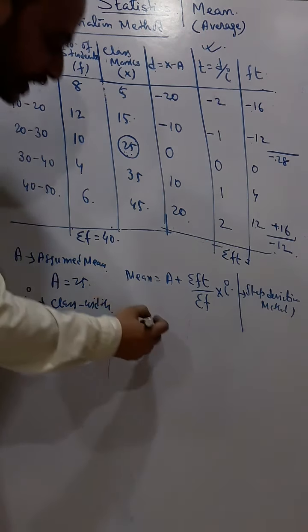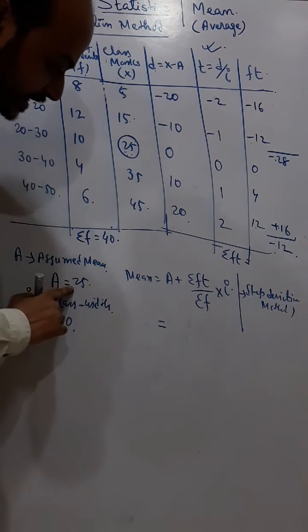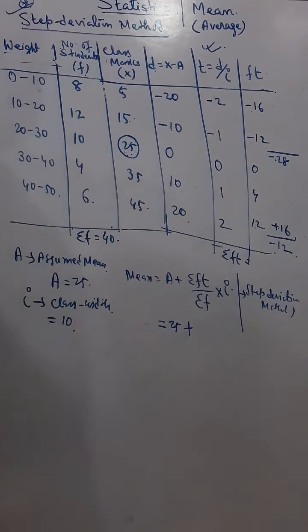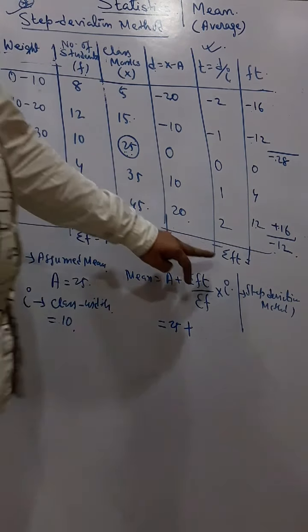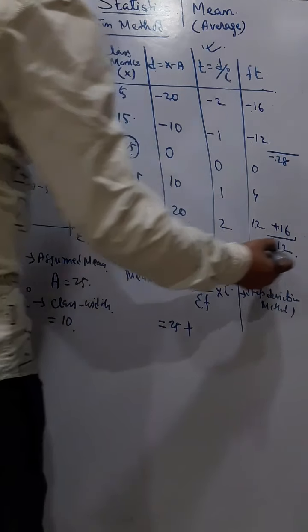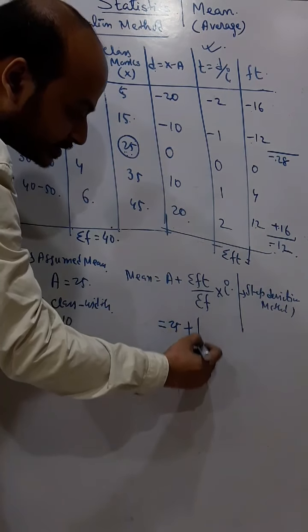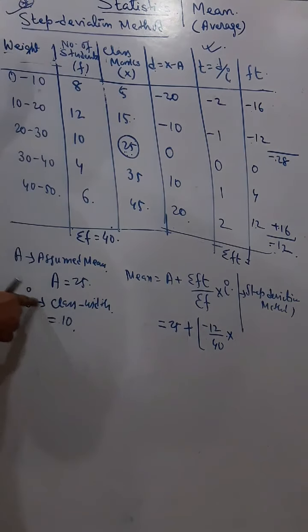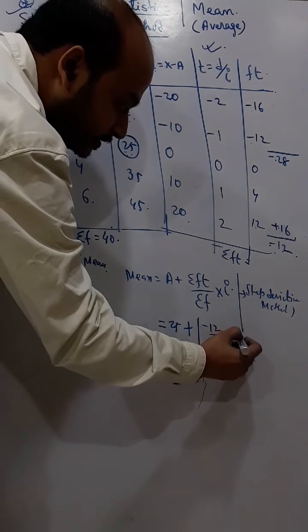Okay, so a we got as 25, then plus sigma ft, which we are getting as minus 12, and sigma f is 40, and into i, which was 10.